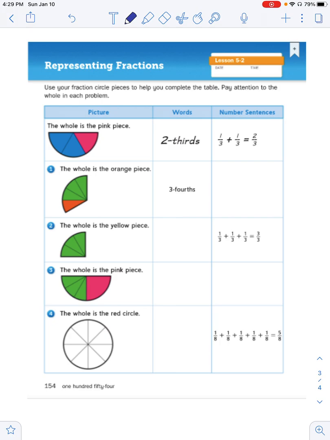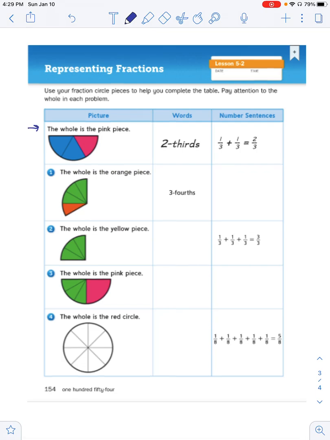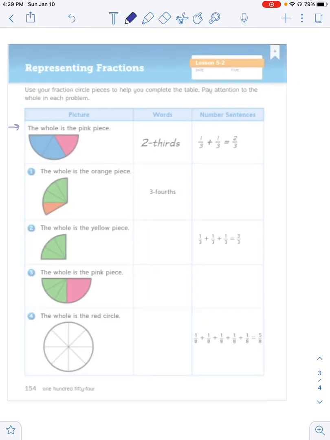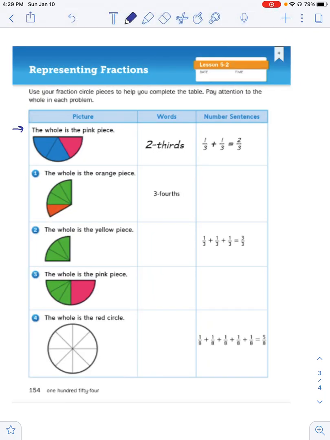Okay. Here's what you are going to be doing today. So it looks pretty similar to mine. I don't want you to get confused about these other colored pieces. When it says the whole is the pink piece, basically they laid out a piece underneath this blue part that's pink. So there is pink underneath this entire shape.